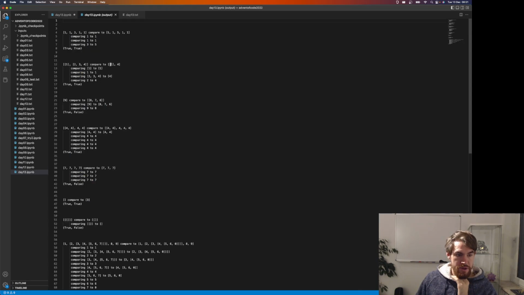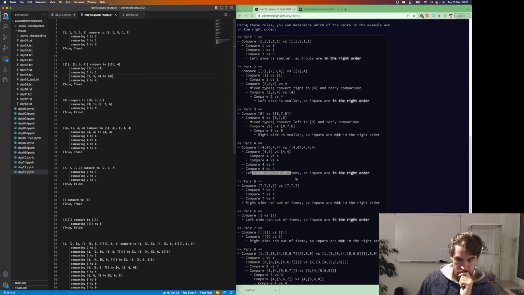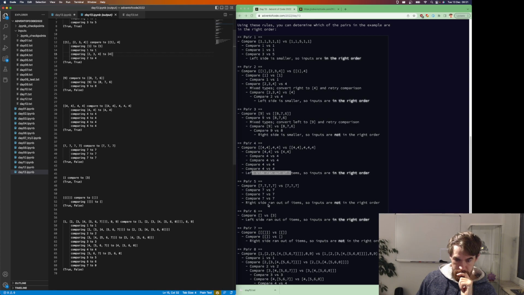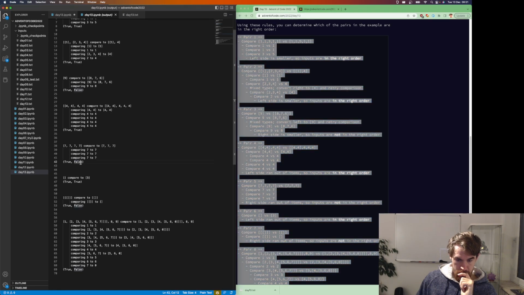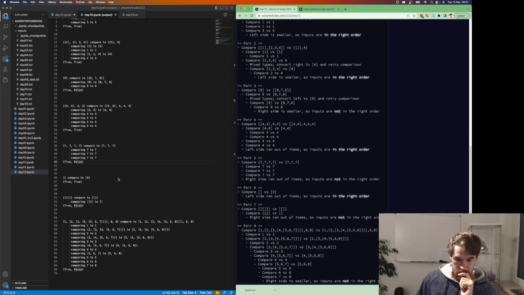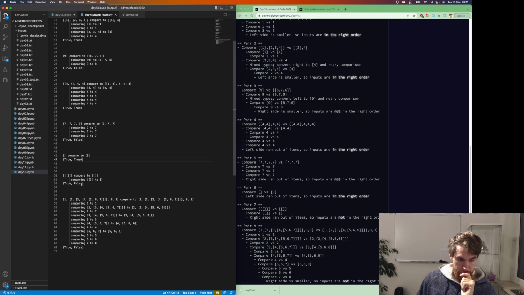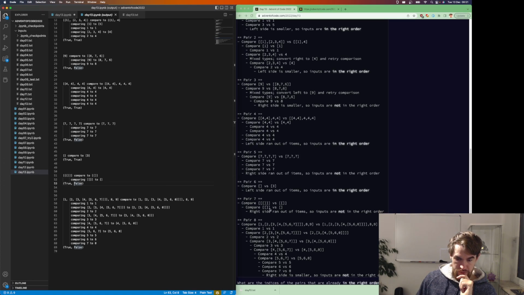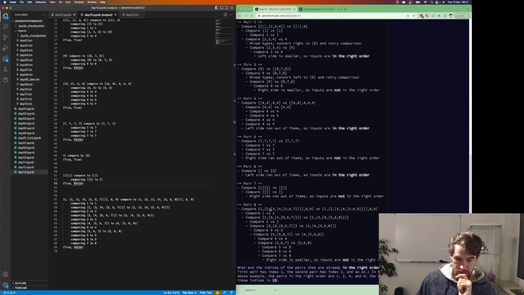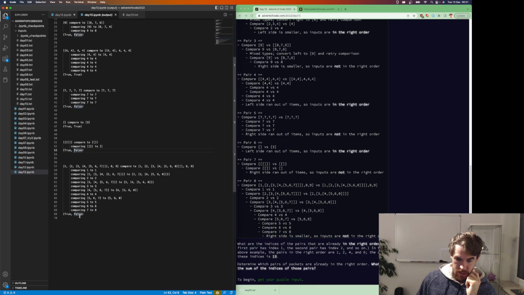It's good that I already went 3 down. Okay, now we can at least make a decision everywhere. Yeah, perfect. Inputs are not in the right order. So inputs are in the right order. The right side ran out of items, so inputs are not in the right order. The right side is smaller, so inputs are not in the right order.